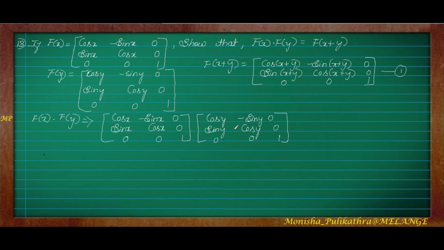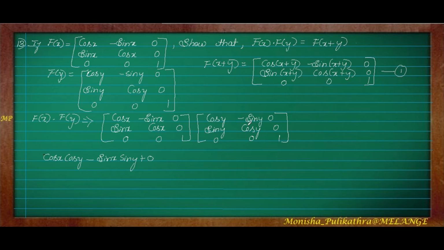We need to multiply both matrices, that is, the first row with all the 3 columns. As usual, we start with cos x cos y. Here minus is there, so minus sin x sin y, plus 0 into 0 is 0.